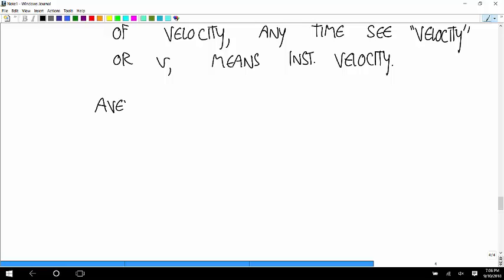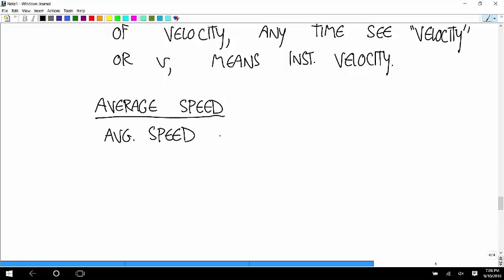That's the average speed. And the average speed is just the distance between the two instants divided by t2 minus t1.